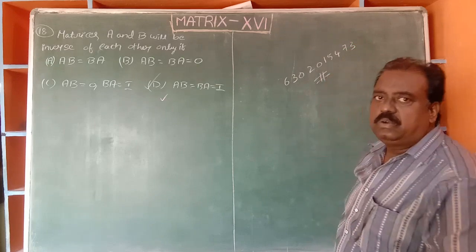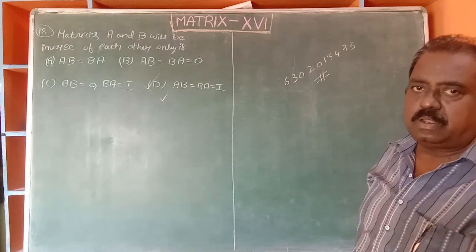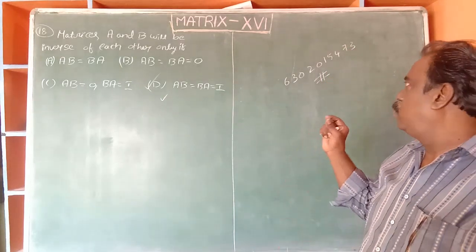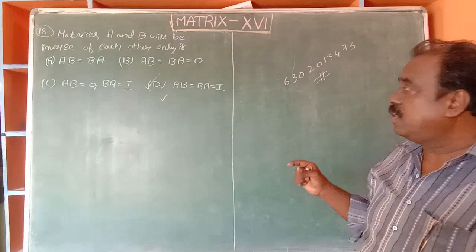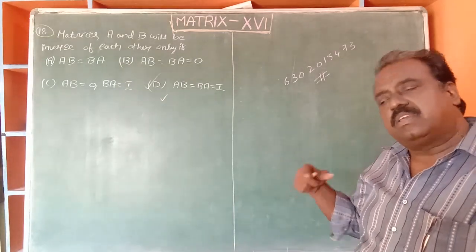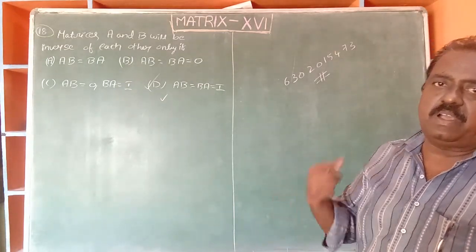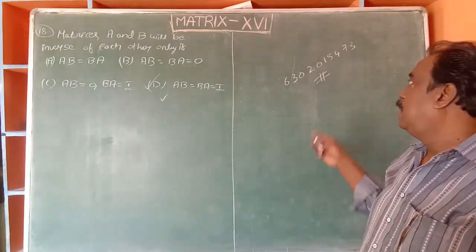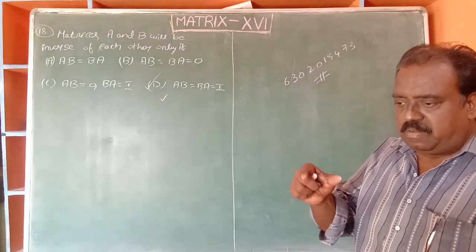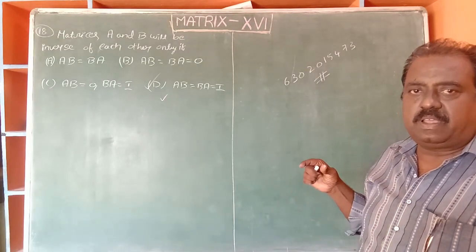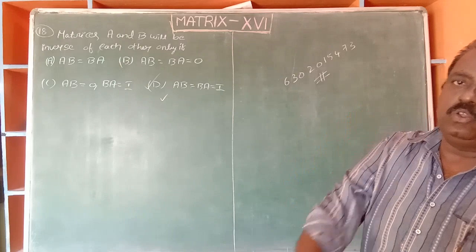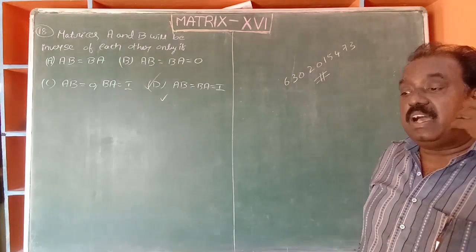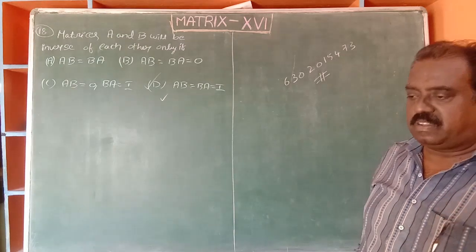By using that number, you call me at any time and give that question. You call me and ask on the phone itself, and I will give the answer. Or otherwise, you send that question through WhatsApp also, and I will neatly give that answer on paper and send it to your number by WhatsApp. Or otherwise, slowly I will give the answer step by step. Okay, then try to understand it.